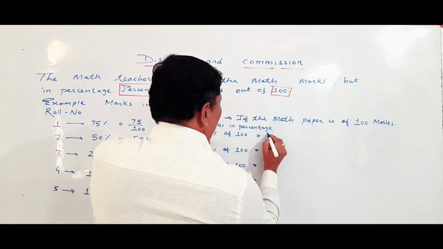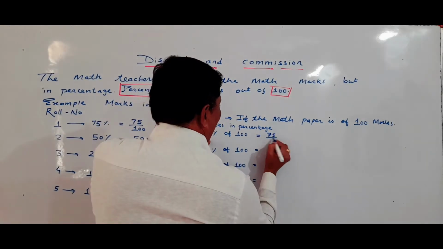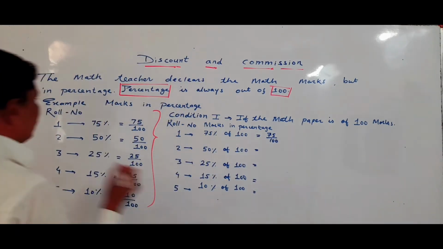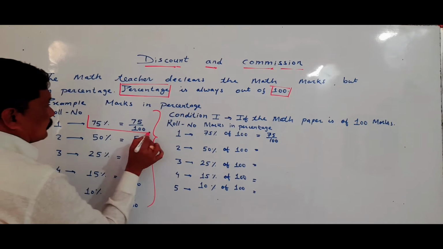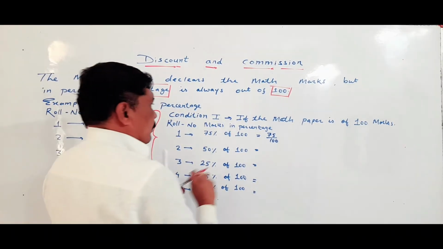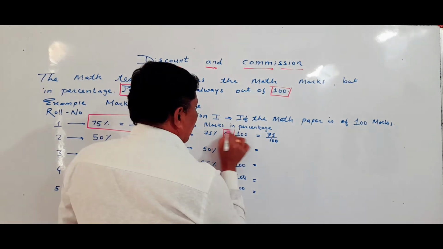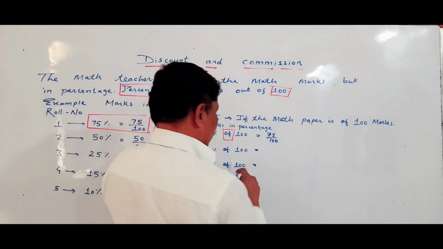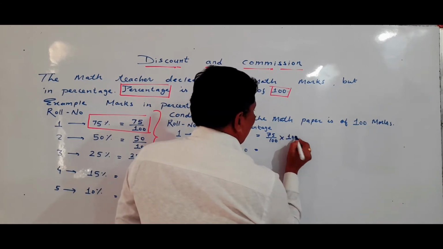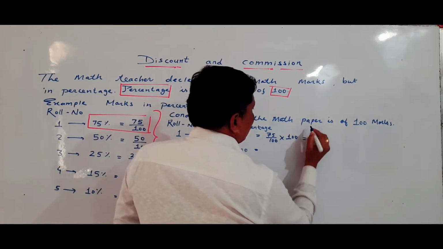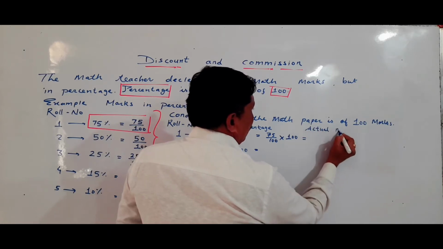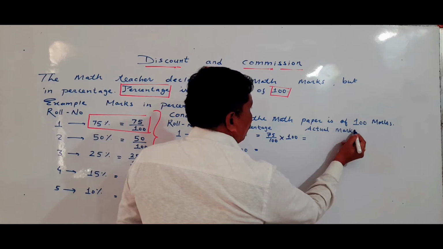So 75 will become 75 by 100, of means multiplication, into 100 is equal to actual marks.